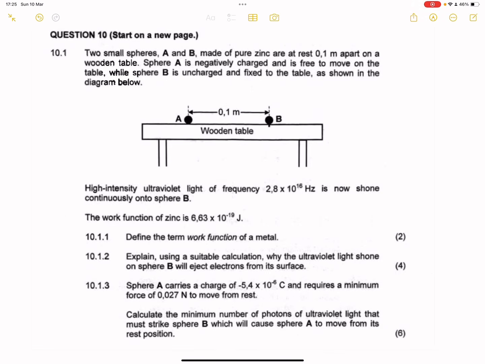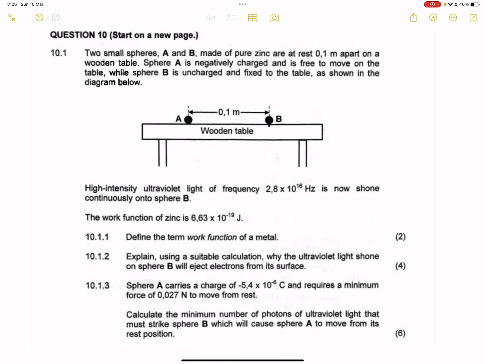Right, so they say high intensity ultraviolet light of frequency 2.8 times 10 to the exponent 16 hertz is shone continuously onto sphere B, and they say the work function is 6.63 times 10 to the minus 19 joules, right?